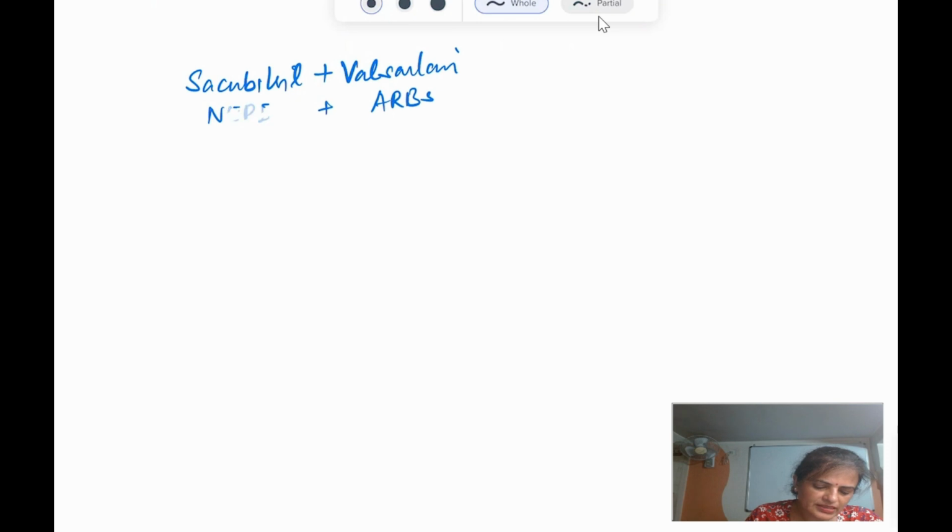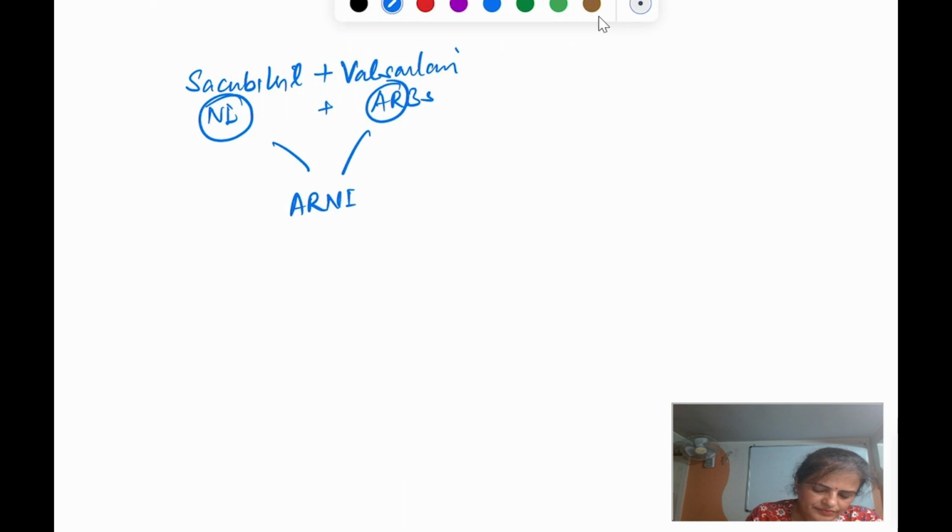You can simply call it a neprilysin inhibitor. This combination is available as ARNI. AR is angiotensin receptor blocker, and this is a neutral endopeptidase inhibitor.